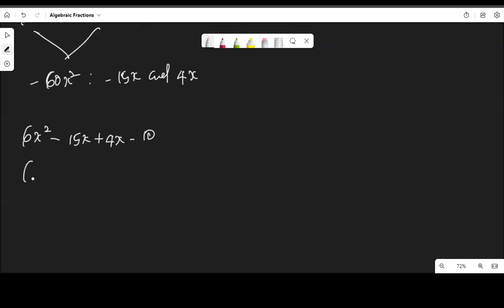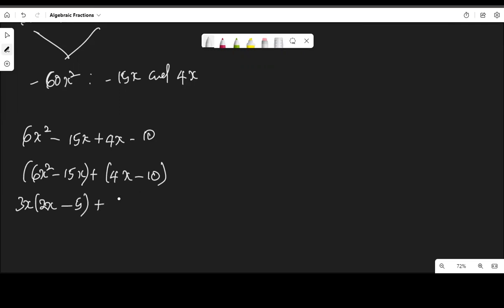Now if I group this two by two, I have 6s squared minus 15s then plus 4s minus 10. In this first bracket, 3s is common. I have 3s into 6s squared divided by 3s is 2s. Now 15s divided by 3s is 5.